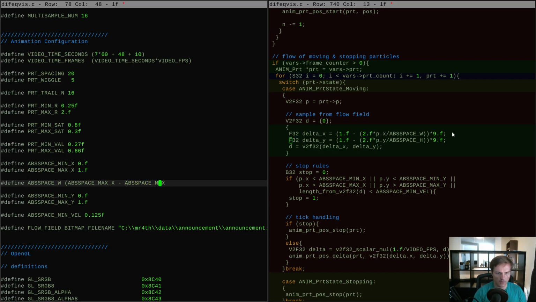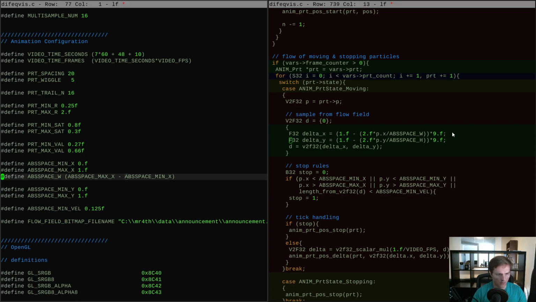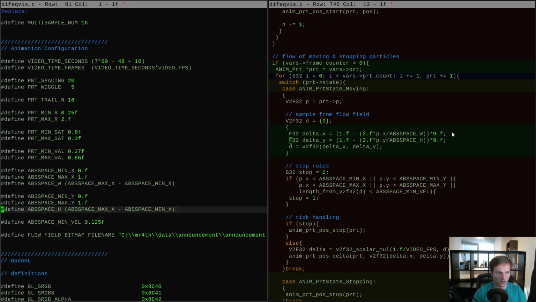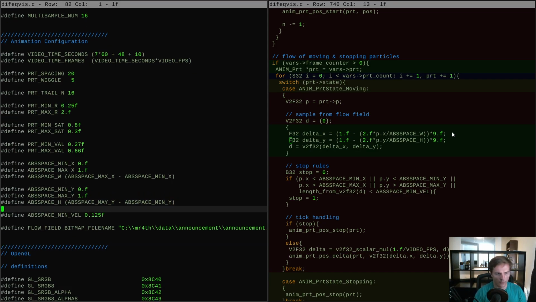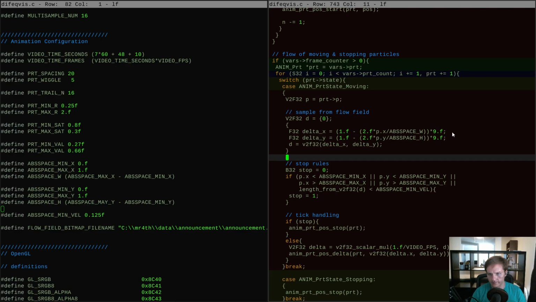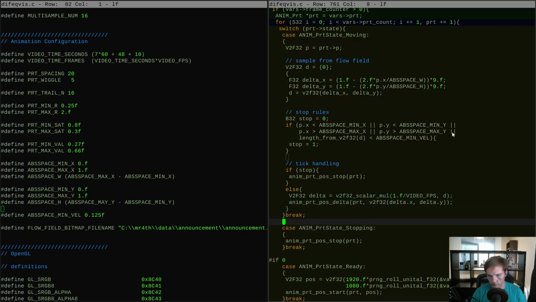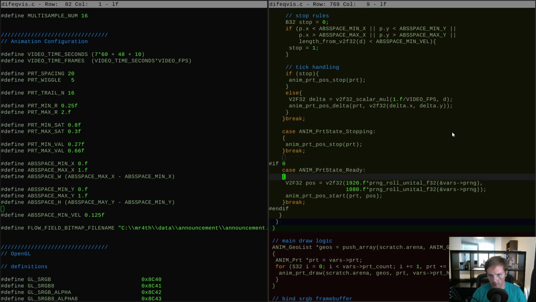Max minus min. Height comes from the y coordinate.